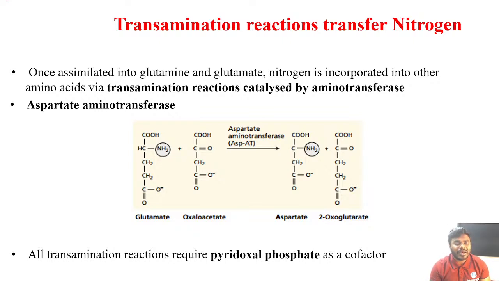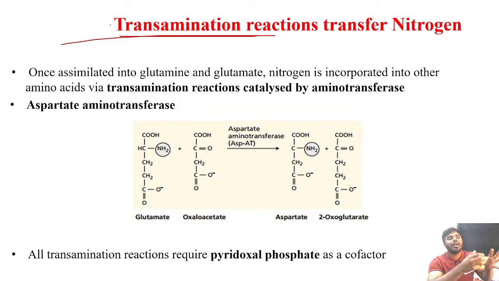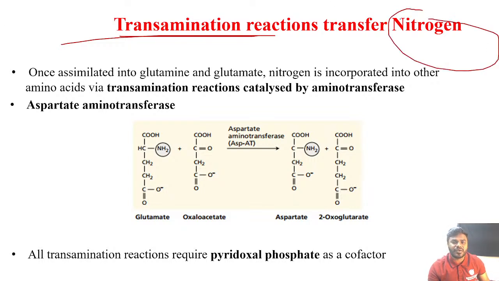Now what is the reaction we call, friends, transamination reaction? Why does this transamination reaction have to take place? In this reaction, we are converting one amino acid into another amino acid, just by the transfer of nitrogen. Because we produced only glutamine and glutamate, right?